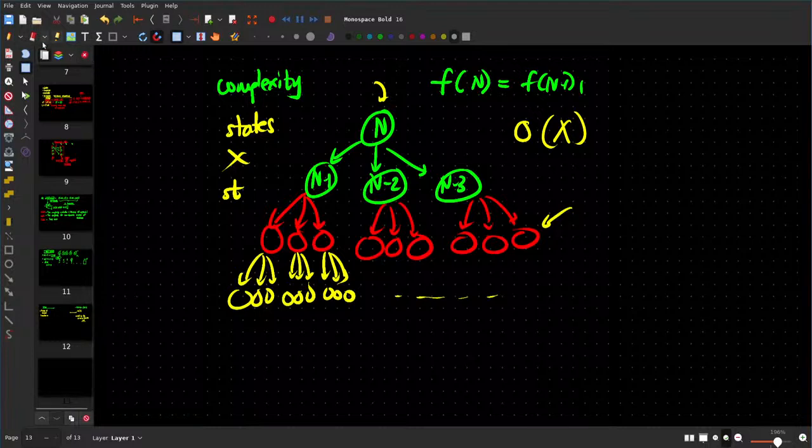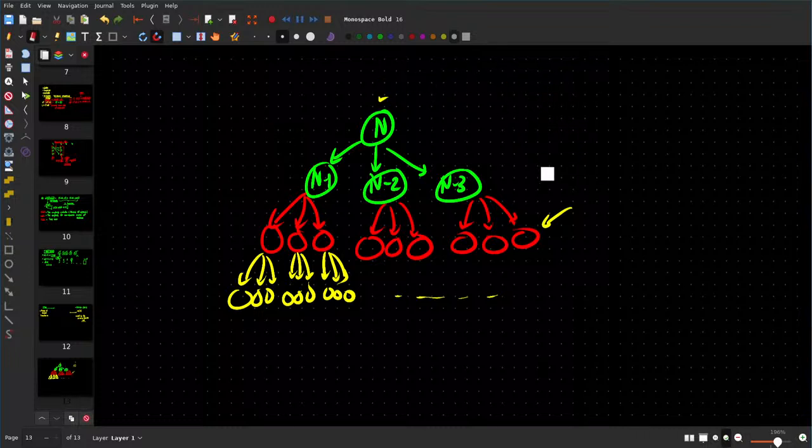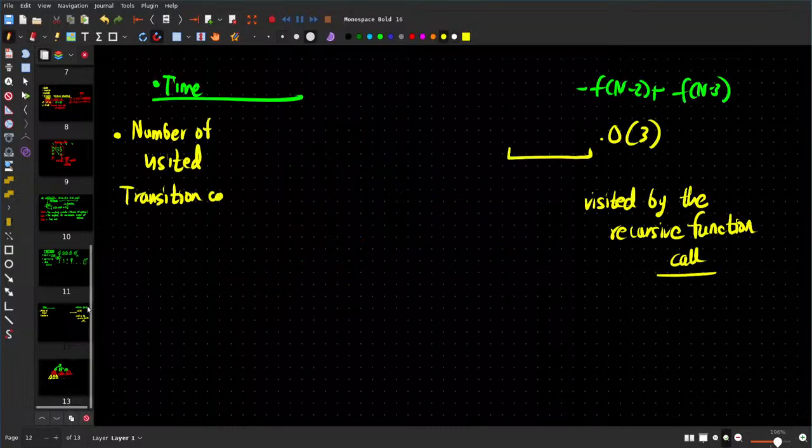We are here and I need an eraser. Since I gave the formula for time complexity of a recursive solution, always remember this.